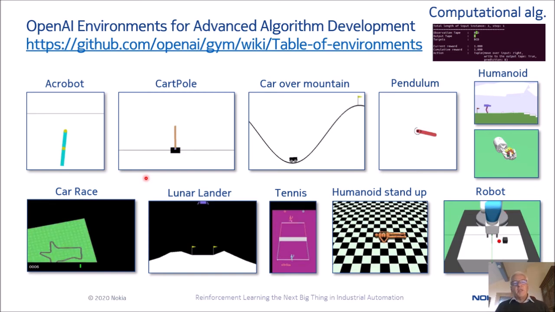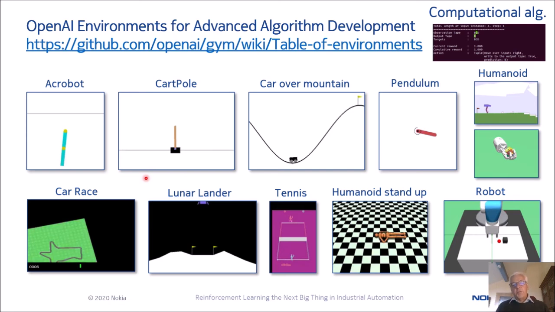The CartPole is an environment where you have to keep this cart pole in the upright position, and you can introduce actions where you can move the cart pole more to the left or more to the right. There are also games in these environments, maybe the Lunar Lander. This is just a game.